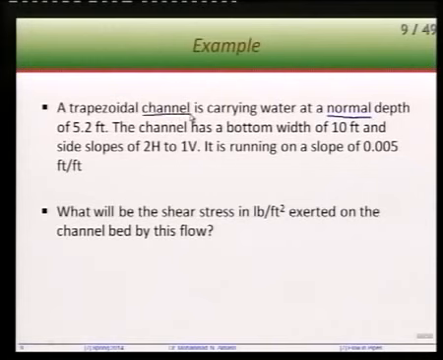And it's saying here channel. What is the first thing you have to think of when you see the word channel? Not pressurized. The second thing, open from the top. This is very important. So if we are talking about trapezoidal, that means it is trapezoidal, but I don't have an upper limit.